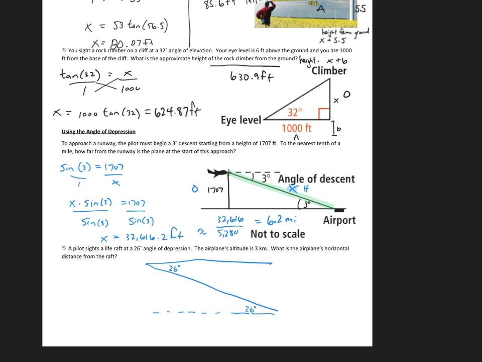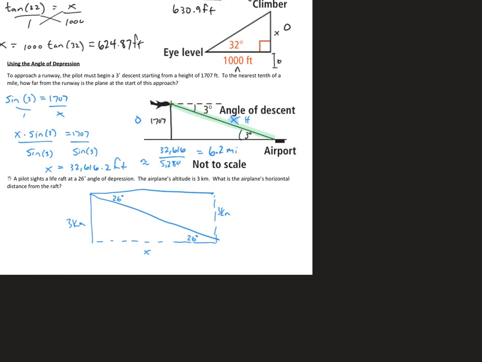It says that the plane is 3 kilometers above. So we could draw it over here as well. That's 3 kilometers. It says, what is the horizontal distance from the raft? That's this. So again, this is going to be a tangent type problem. So the tangent of 26 is equal to 3 over x.